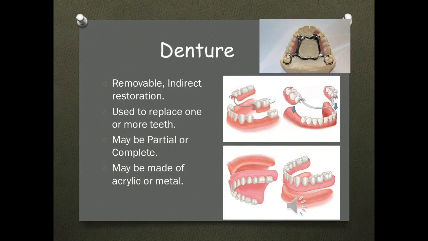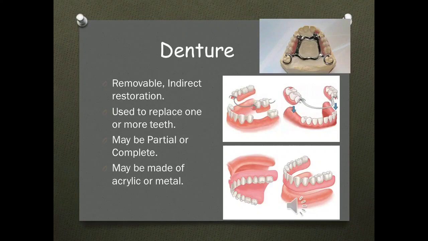Partial dentures are mostly fabricated with the help of acrylic, or sometimes metals are used to fabricate the partial denture, like cobalt, chromium or nickel. Whereas the complete dentures are also made up of acrylic and sometimes acrylic and metal together.